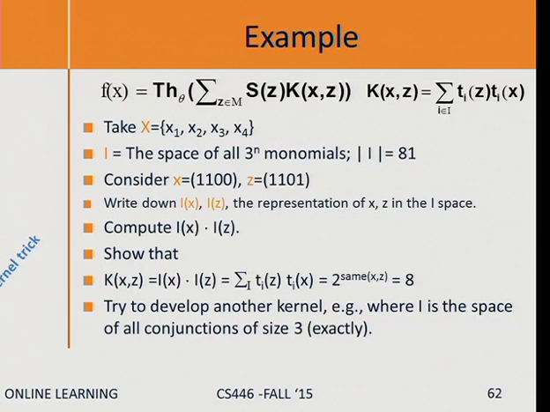Now here is another example for you to play with at home, just to make sure these concepts are completely understood. So again, I'm just writing here the dual representation. Take X to be 4-dimensional space. Compute I as the monomial space. 81 elements, right? 3 to the 4.